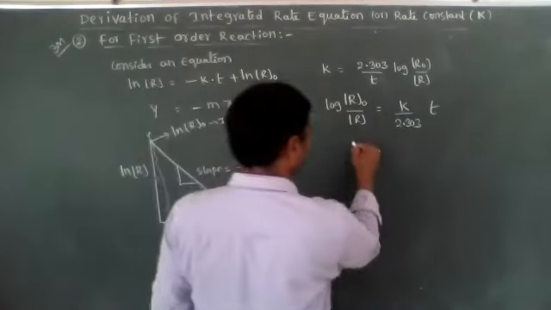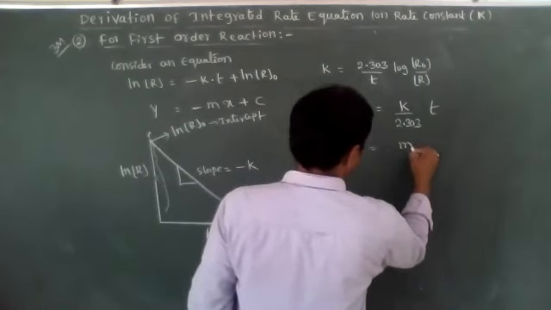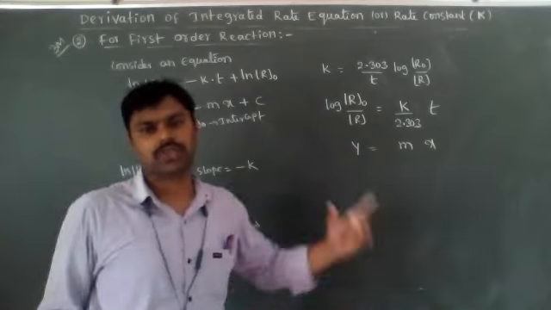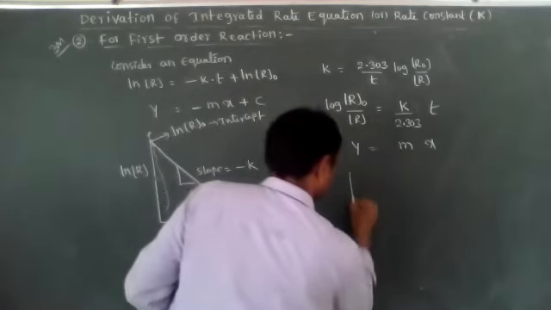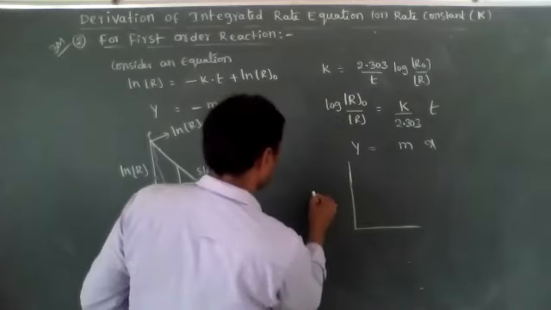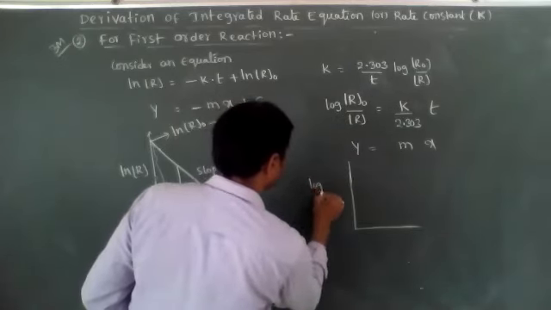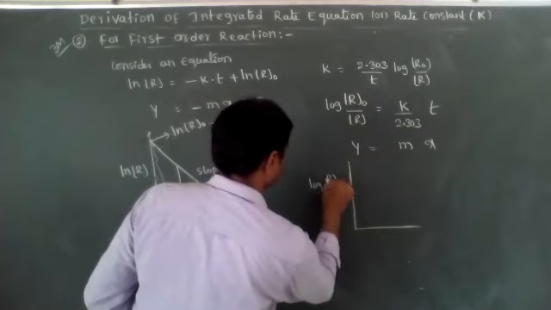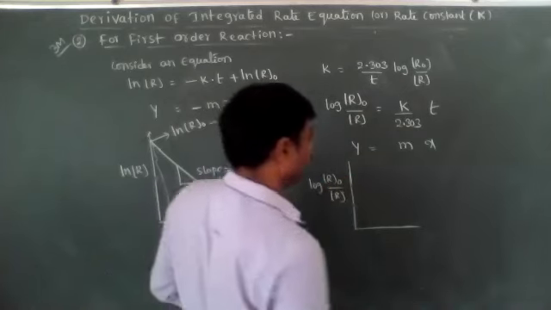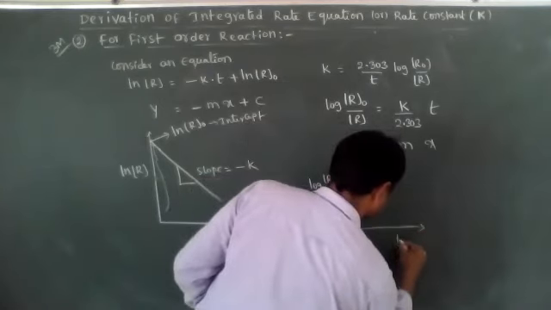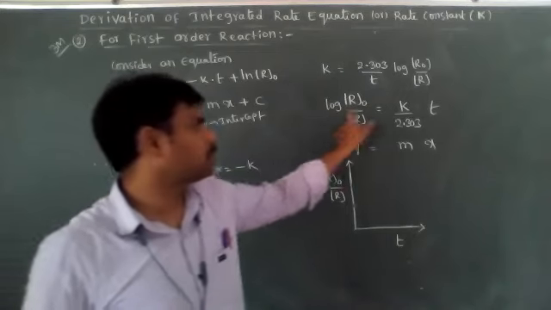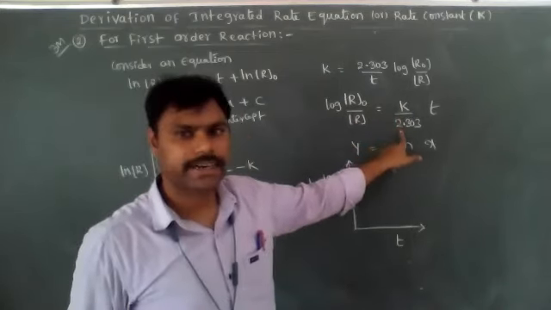This equation looks like y equals mx, which means the graph goes through the origin. So on the y axis you take log R naught by R, and on the x axis you take time, because log R naught by R equals k by 2.303 into t.